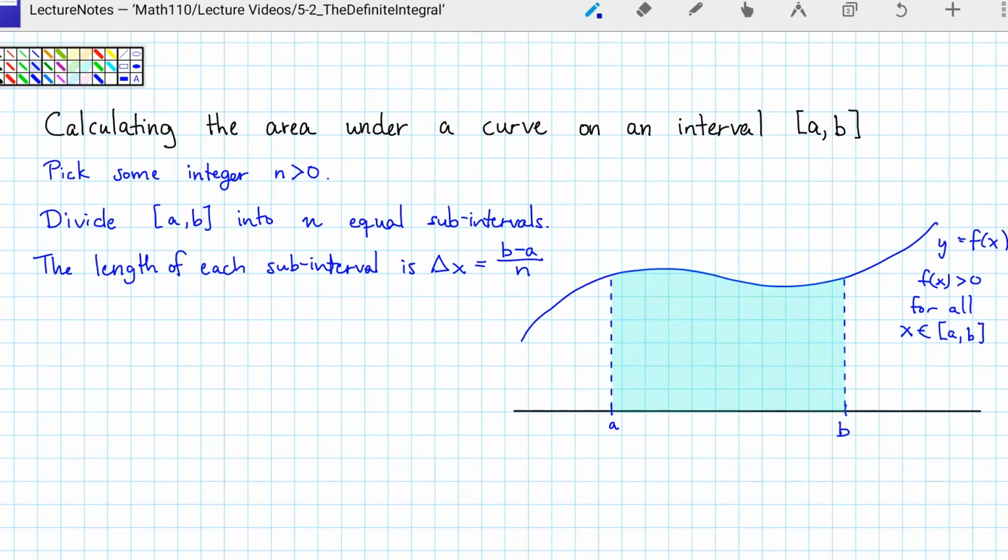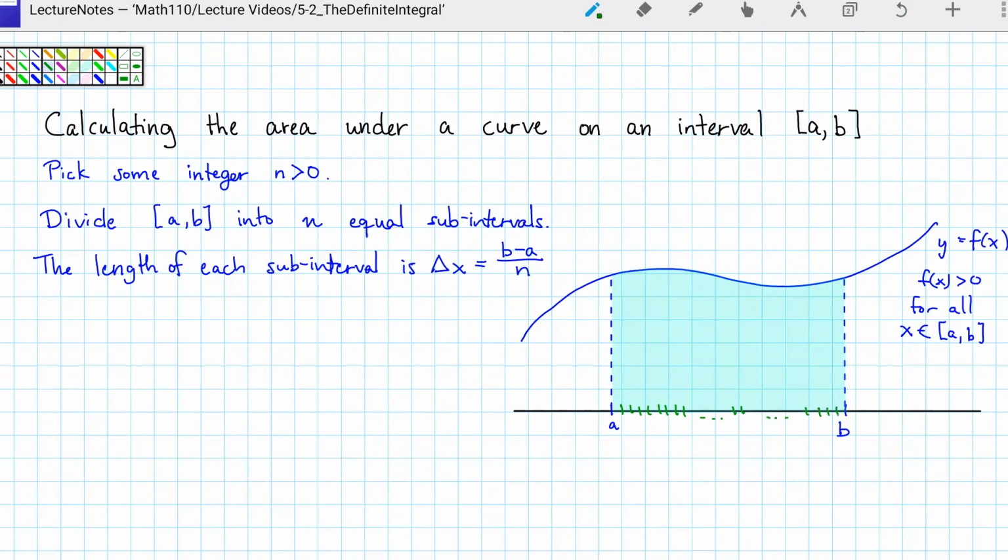And the next thing we will do is we're going to pick a sample point inside each subinterval. So before I do that, I just need to pull in some notation and say that we're going to label those subintervals. So let me just draw this. I'm assuming that I have lots and lots of these subintervals, and I'm going to put some dot dot dots to indicate that I'm not showing all of them.